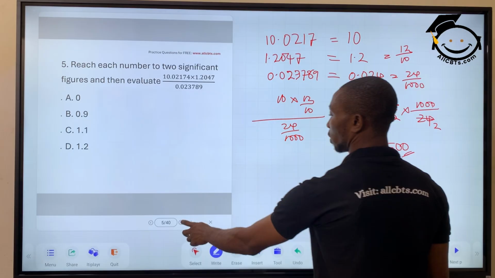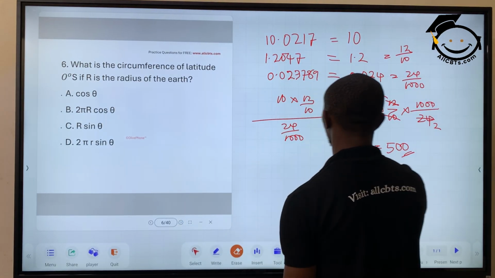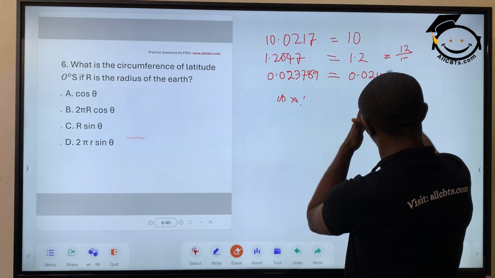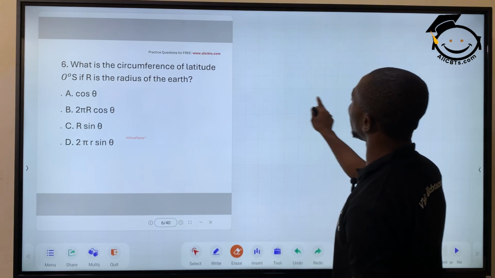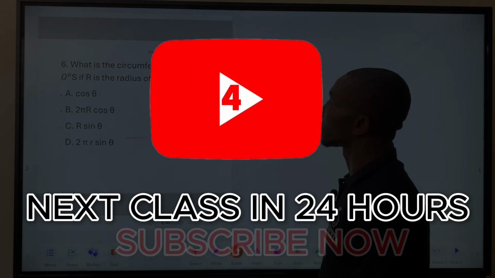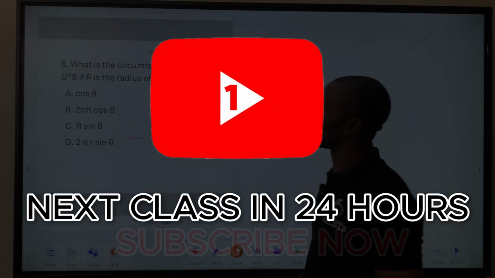Okay, so our next question. Now it says, what is the circumference of a latitude of 0 degrees south if R is the radius of the earth?